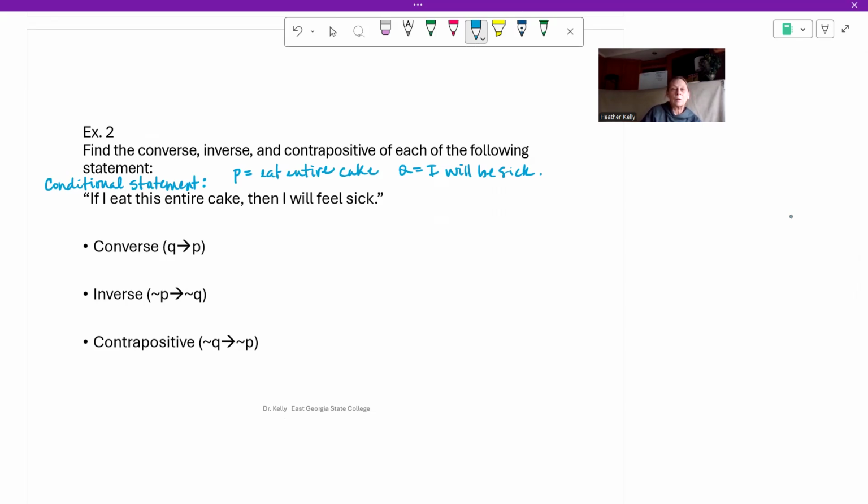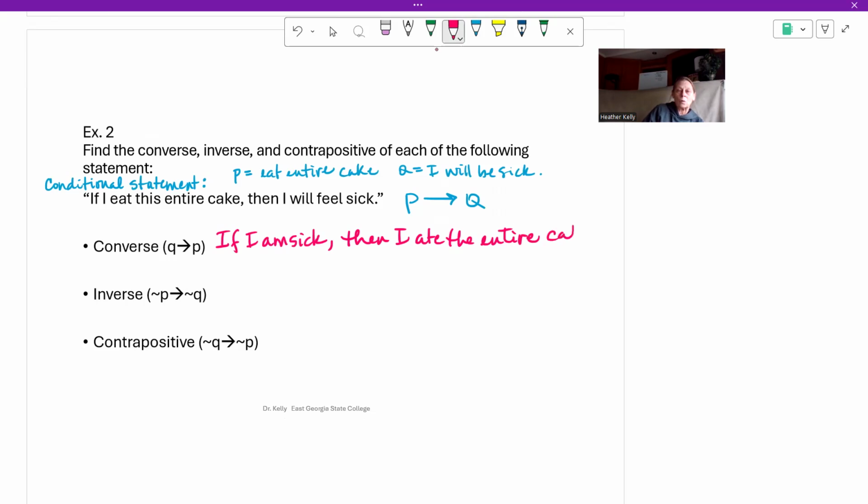All right. And remember that this is in the form P implies Q. Okay. If P, then Q. All right. So the converse is if Q, then P. So if I am sick, then I ate the entire cake. But see, there's a hole in that logic, right? Because there could be other reasons why you were sick.